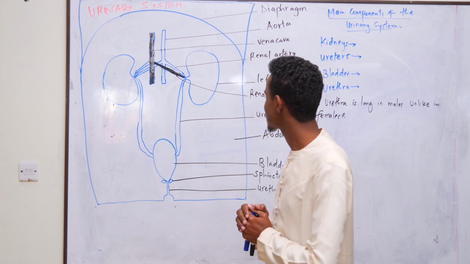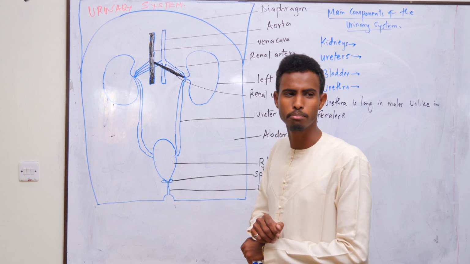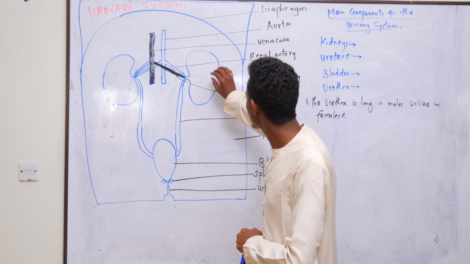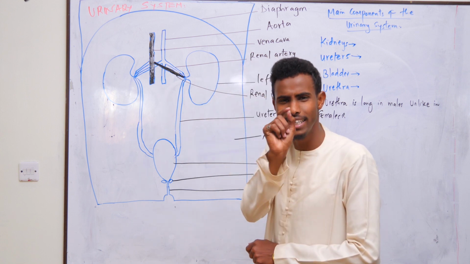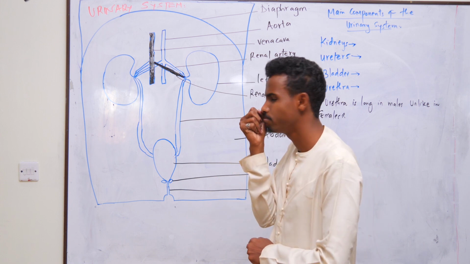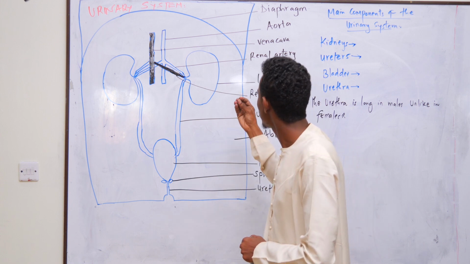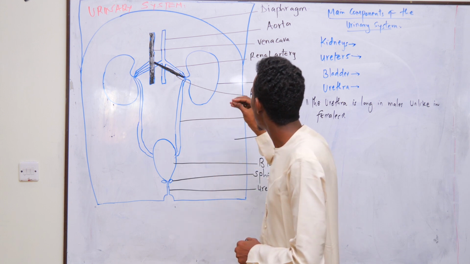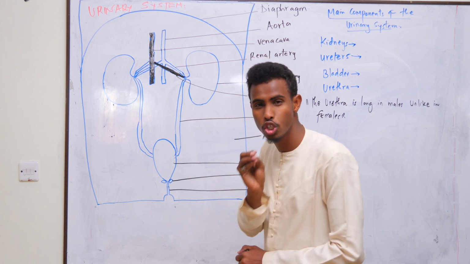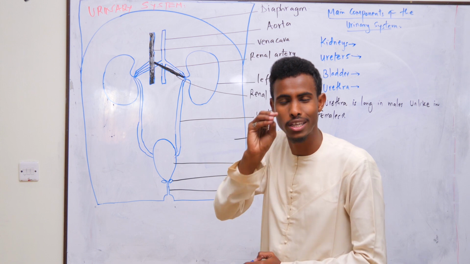Now, class, I want us to get back to the kidney again. The functional unit of the kidney is called the nephron. The nephron has renal tubules.